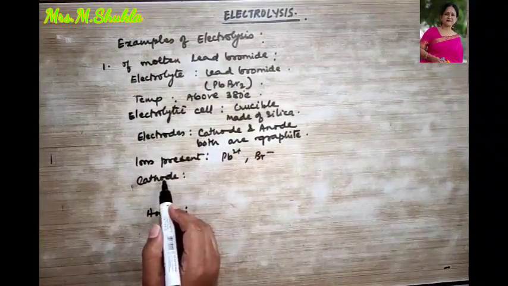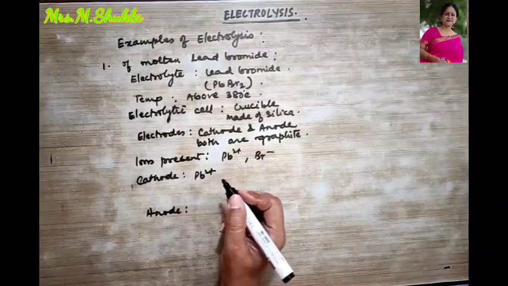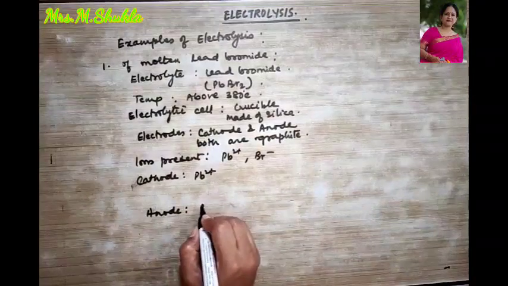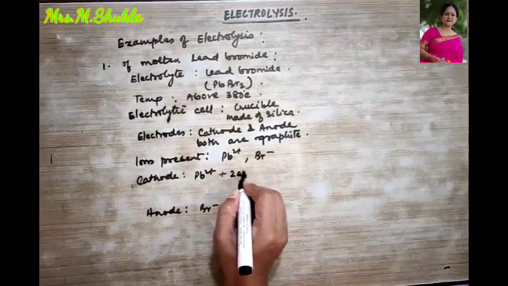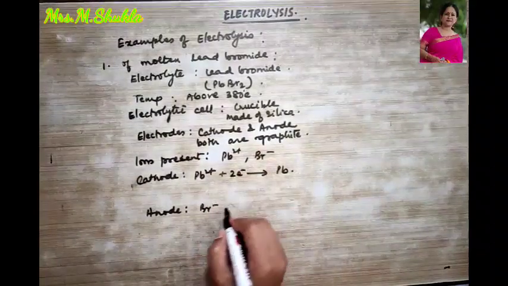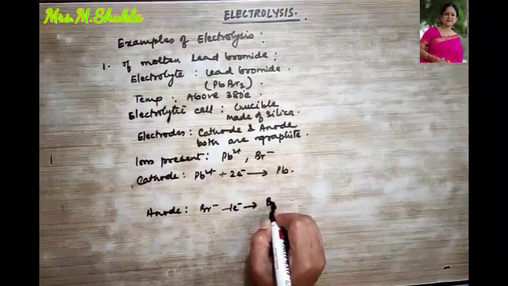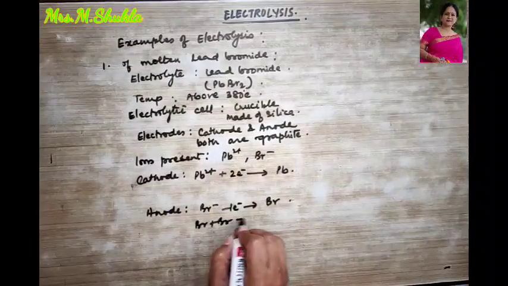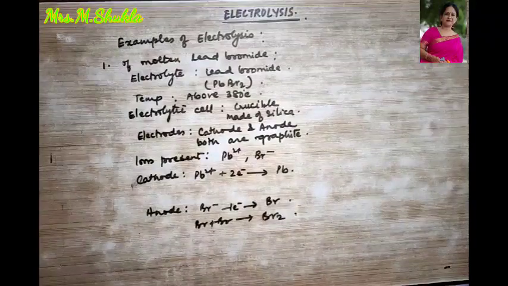So the positively charged ion is going to move towards the cathode, that is Pb2+, right? And what will move towards the anode? Br-. Here Pb2+ is going to accept 2 electrons and form lead. And bromide loses 1 electron and forms bromine atoms. Two bromine atoms combine to form bromine.